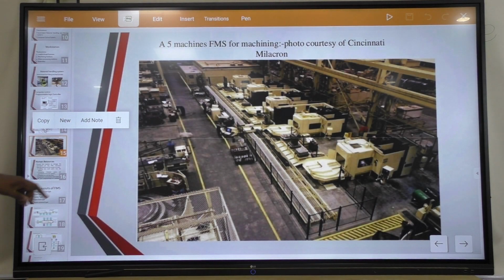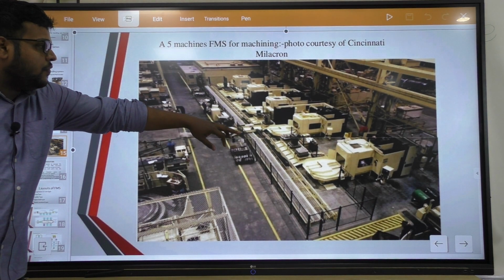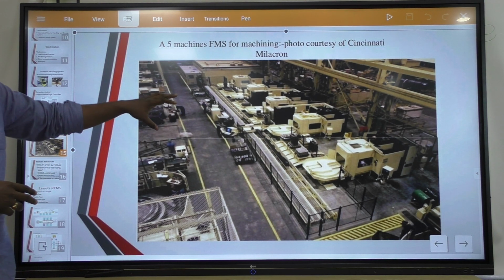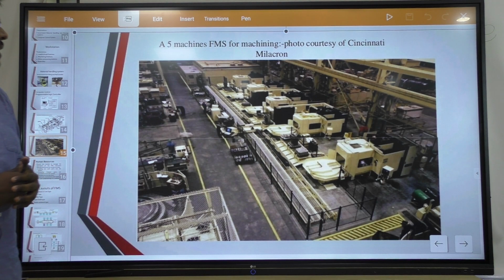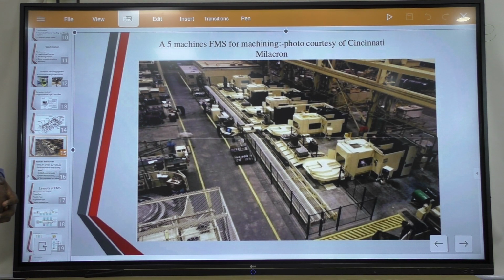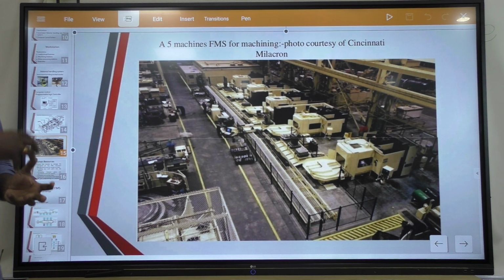Now you can see here 5 machines have been there in this. You can see 1, 2, 3, 4, 5, 5 machines. Suppose different types of operations are followed in these industries. You can do different types of operations like turning, then milling.